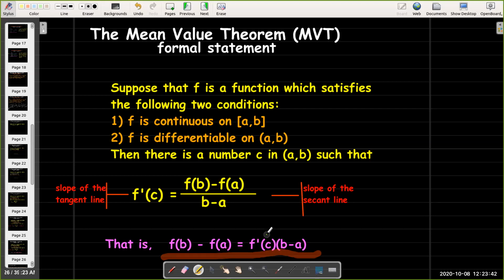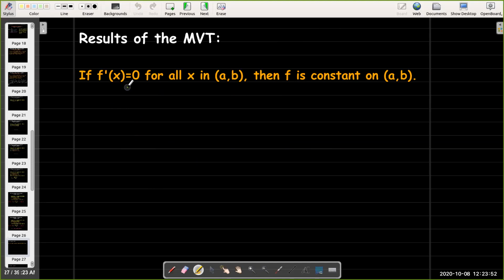If f prime of c equals 0, then f of b would have to equal f of a. So if f prime is 0 for all x in an interval, then no matter what two numbers you choose in the interval, they're going to equal each other. And so in that case, f would have to be constant.